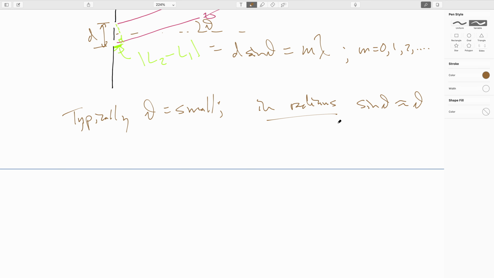So we can say the sine of my angle was m lambda over d. And then usually we say that the angle for my mth constructive maximum is approximately m lambda over d, and that's in radians.